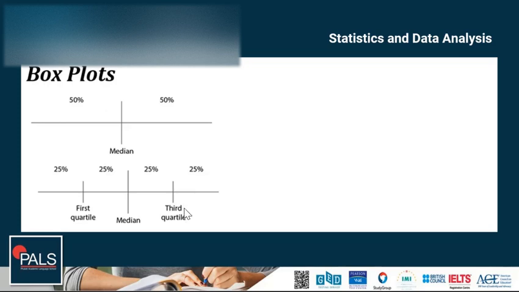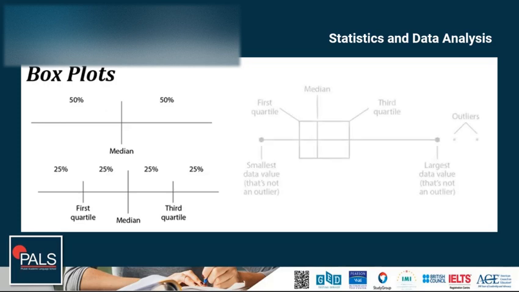Along with the greatest and smallest data values, the quartiles and median are included in every box plot. The general shape is shown like this. Okay? Note that any very small or very large outliers are shown by stars or similar symbols. Okay, those are the outliers.